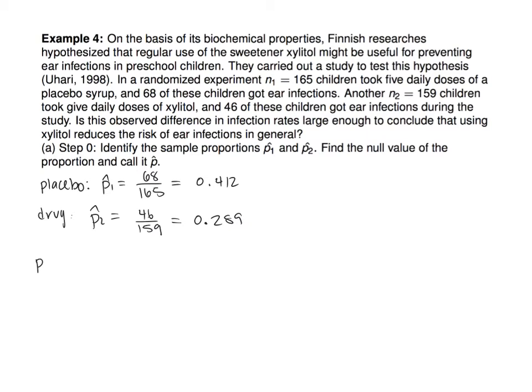Now let's find the null value, assuming that these are the same: x1 plus x2 over n1 plus n2. So x1 plus x2 is the number who got ear infections among both groups. So 68 plus 46 divided by the total number of subjects, 165 plus 159, which comes out to be 0.352.